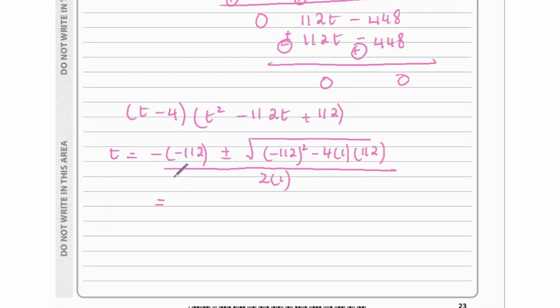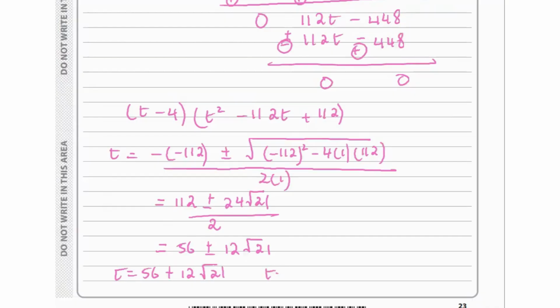That's going to give us a value of 112 plus or minus 24 root 21 over 2, which gives us a value of 56 plus or minus 12 root 21. So your other two solutions are t equals 56 plus 12 root 21, t equals 56 minus 12 root 21, and then we have t equals 4.